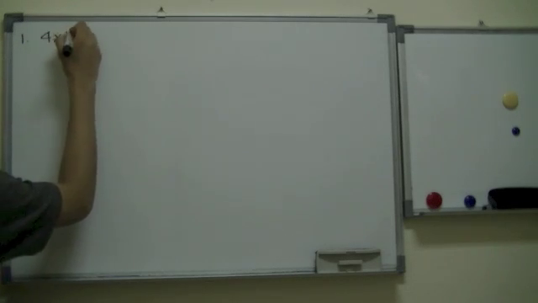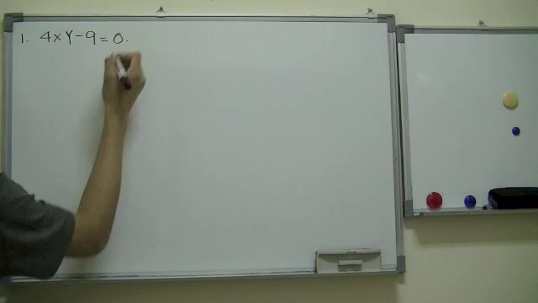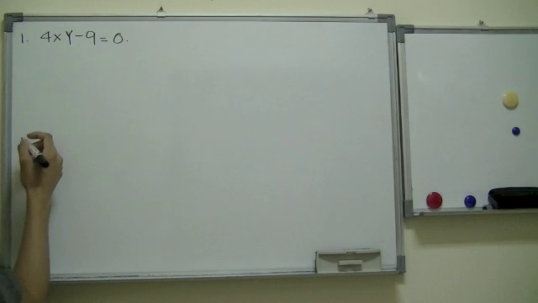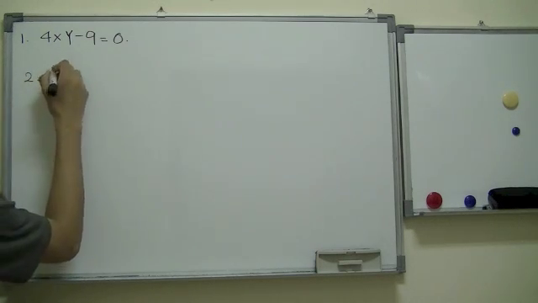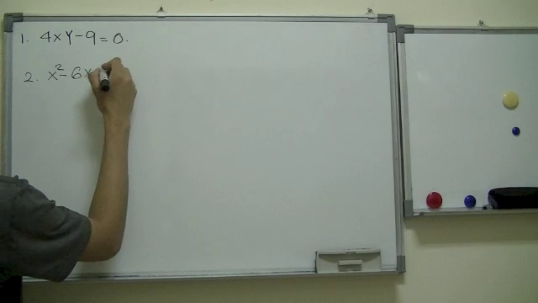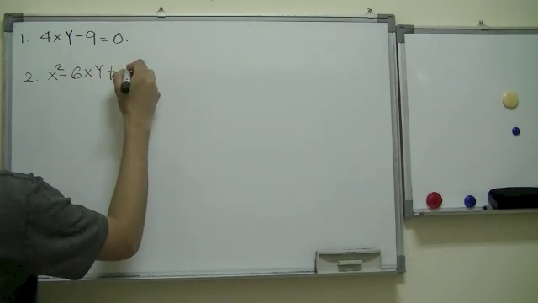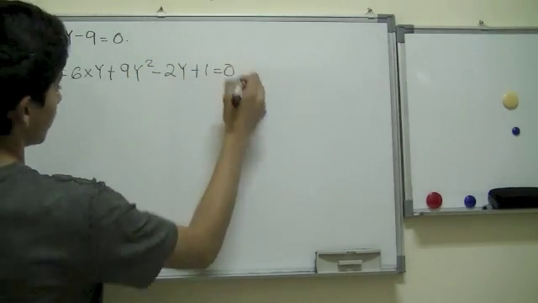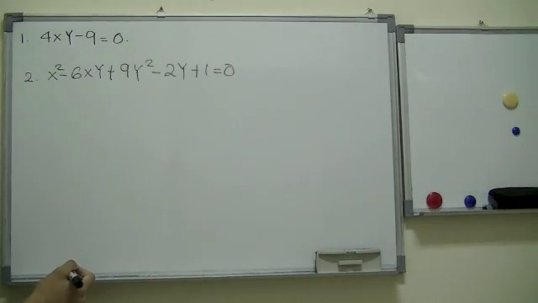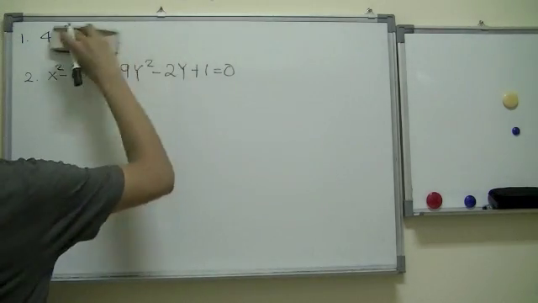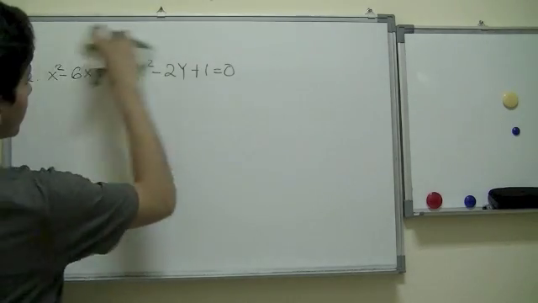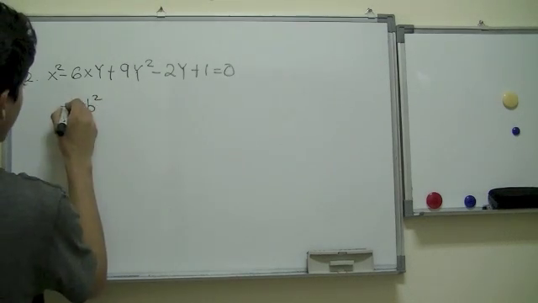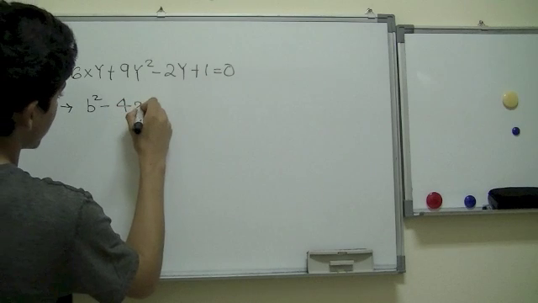So this one would be 4xy minus 9 is equal to 0. Okay, and the first thing you would do is basically rearrange it: x squared minus 6xy plus 9y squared minus 2y plus 1 equals 0. Now let's go ahead and erase this one over here. Let's use the biggest one first. So we would use the discriminant, which is b squared, remember this, minus 4ac.